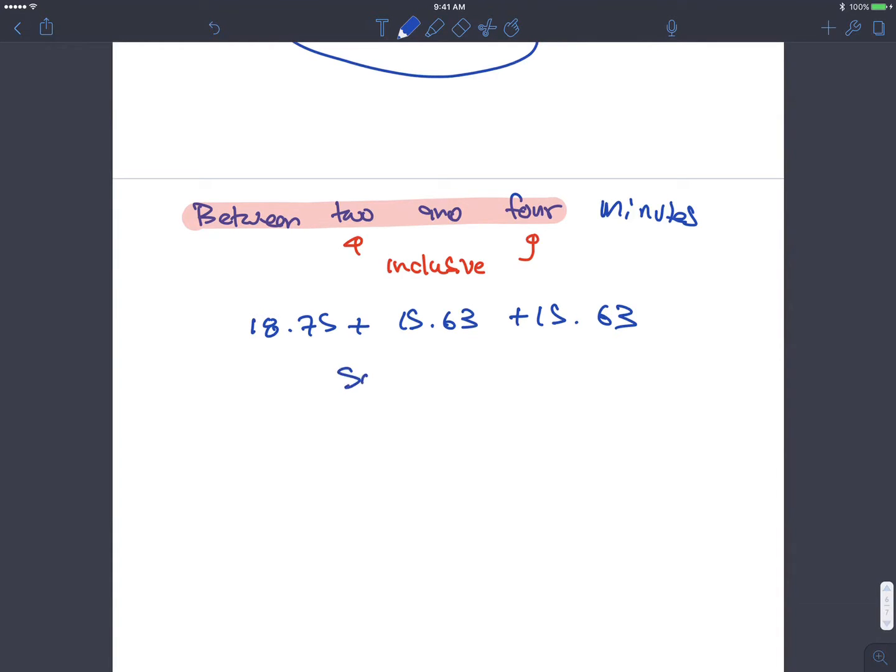We get approximately 50.01%. So about half of the sample waited between 2 and 4 minutes. This is how you answer these questions for question 3 on the homework.